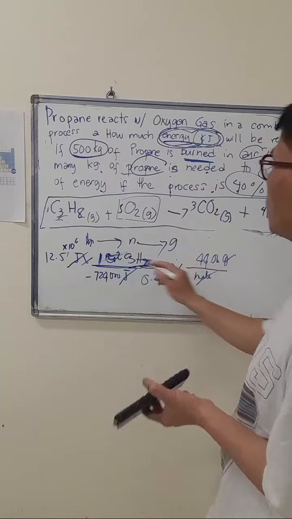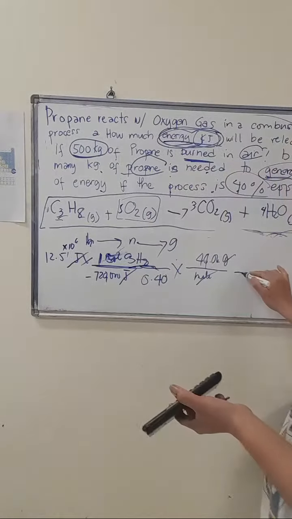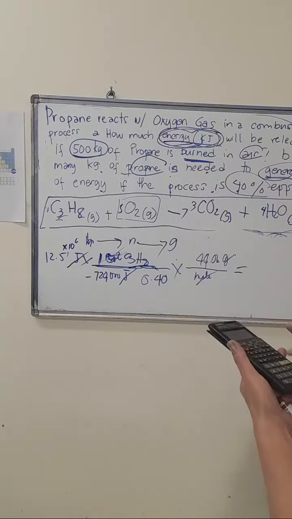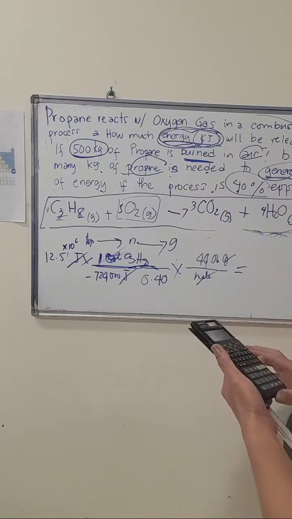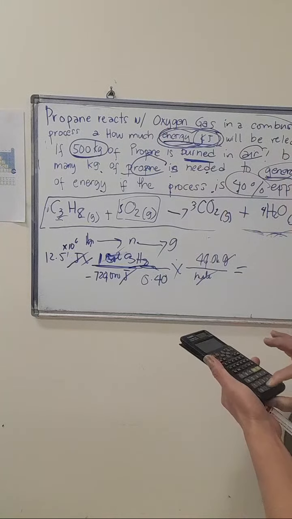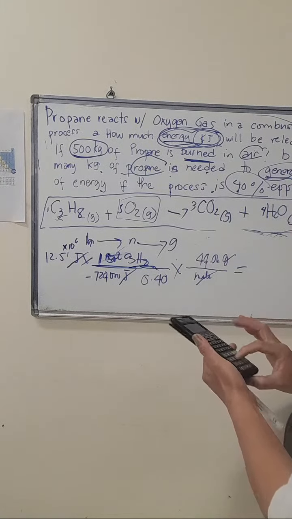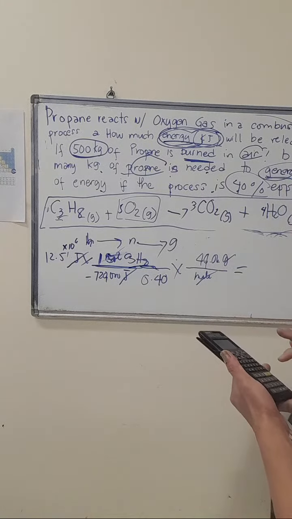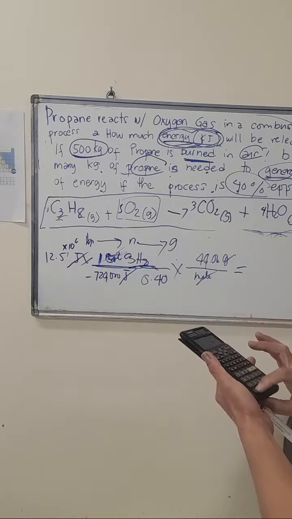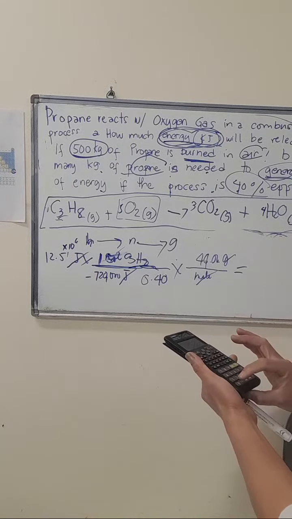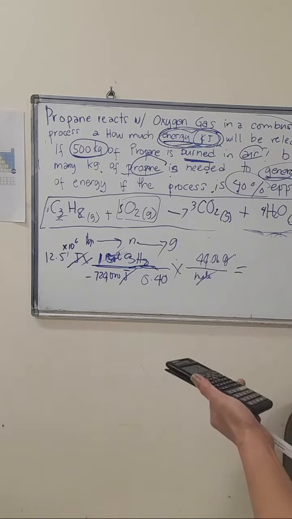So cancel, and we have now grams. So, 12.5 exponent to the 6 times 44.06 divided by 720,000. Okay, right?